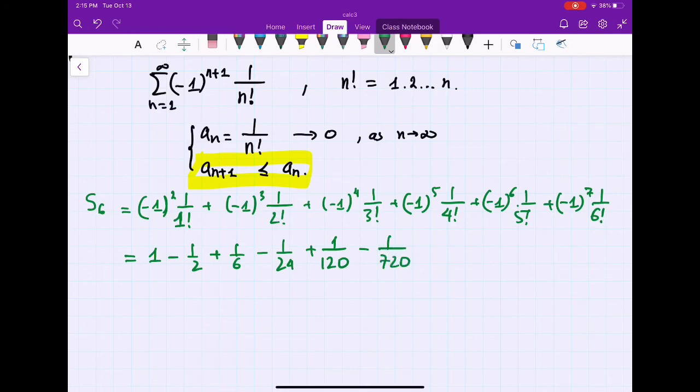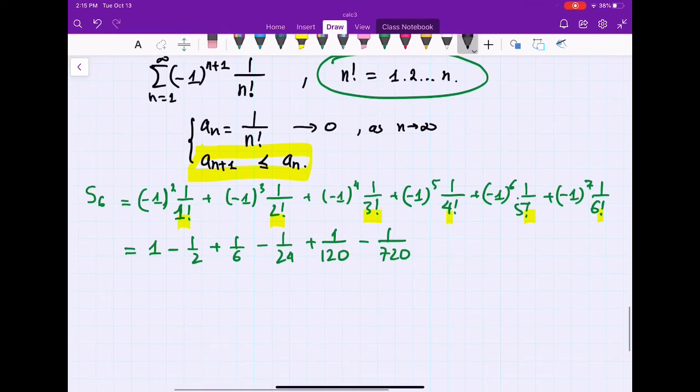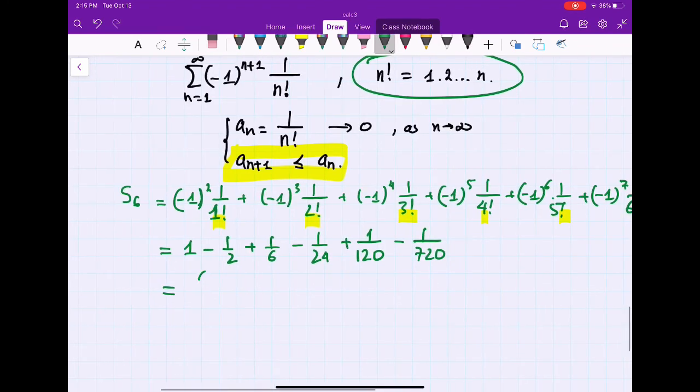Just apply the formula for factorials and find all the factorials here, and then simplify this number. You get 91 over 144, which is approximately 0.63194. So that is your S6.